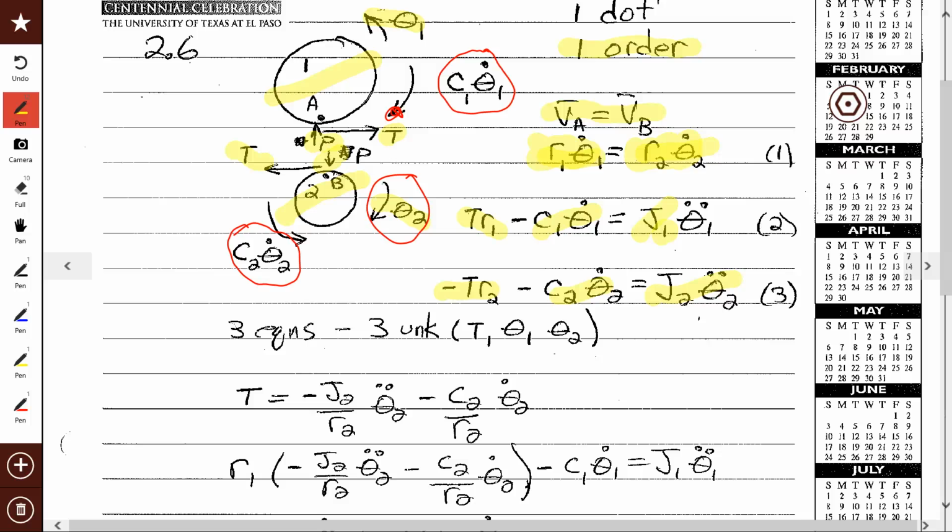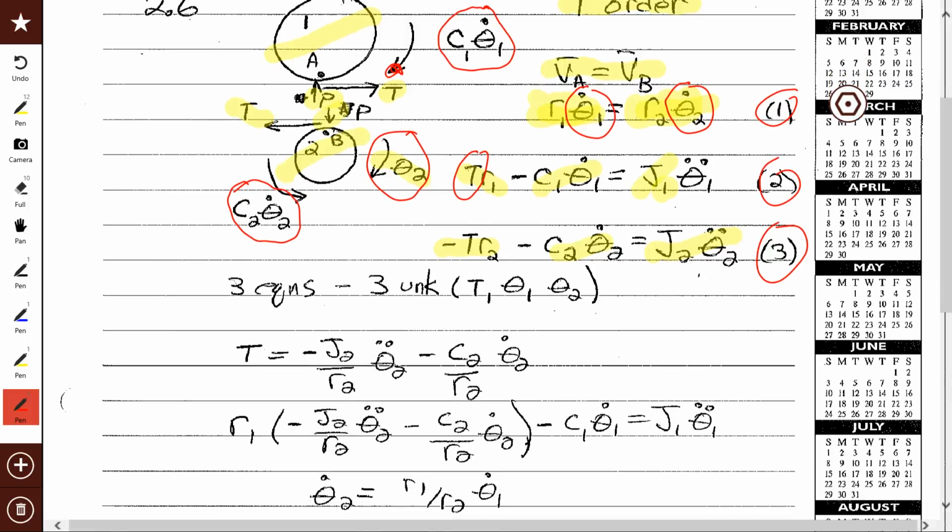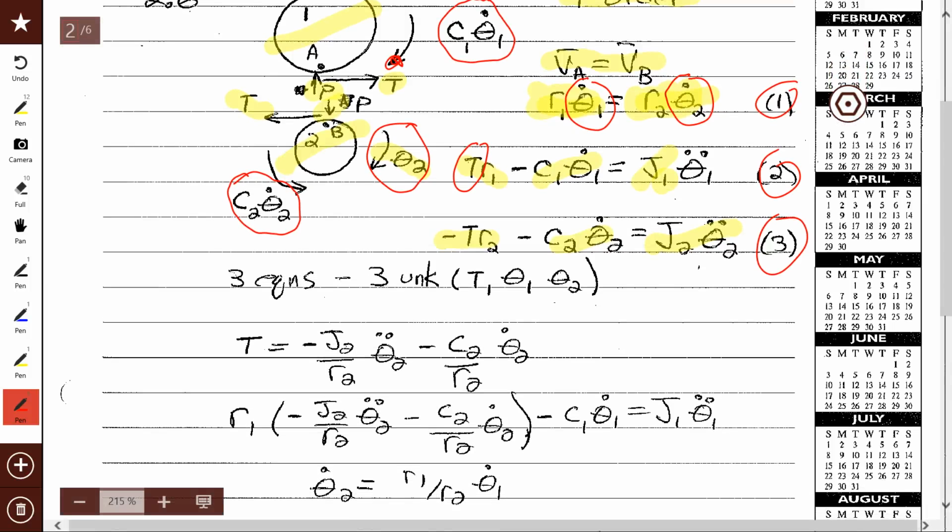If you count the number of unknowns, they happen to be theta 2, theta 1, and T. So there are 3 unknowns, and I have 3 equations, 1, 2, 3. So basically it's done, and then you can go on to solve this if you want. So that's what I've done here.